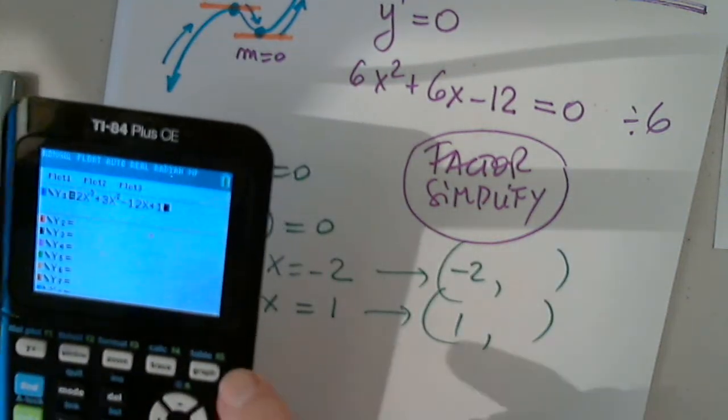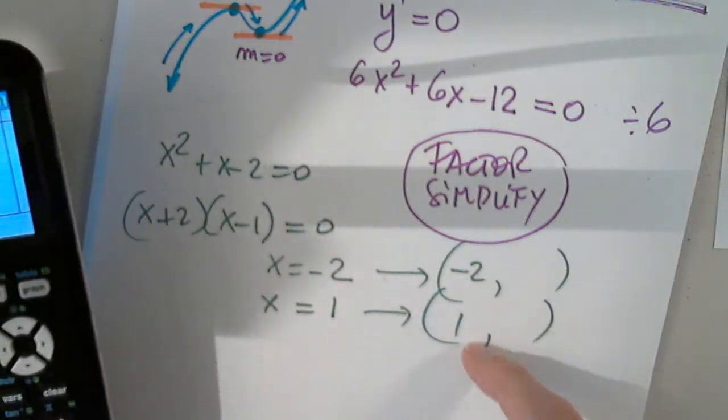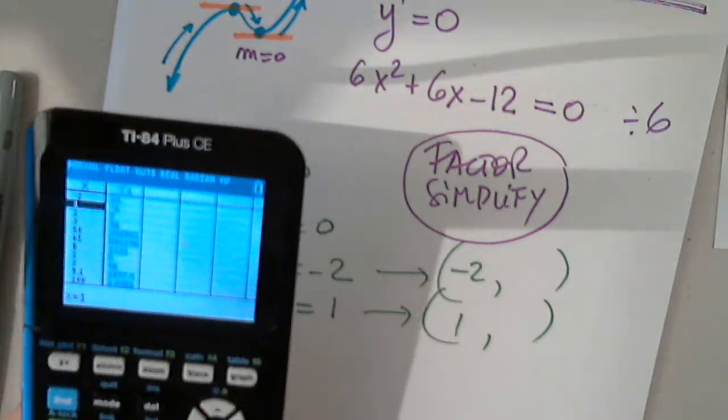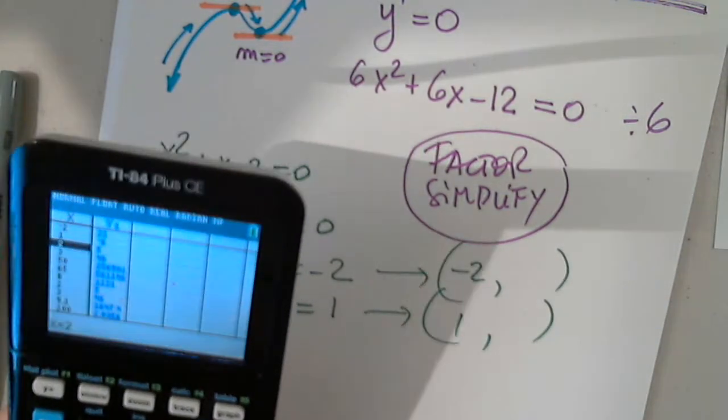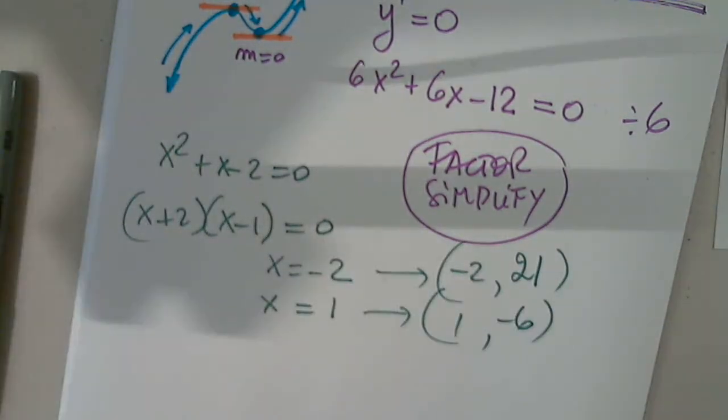And then go to second and table, and plug in negative 2 and 1. Negative 2, enter, 1, enter. And I got 21 and negative 6. That is so much better than starting from scratch twice or using other features. It's up to you.